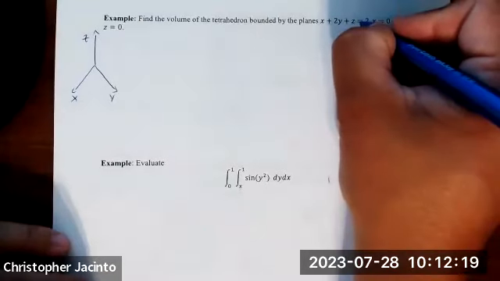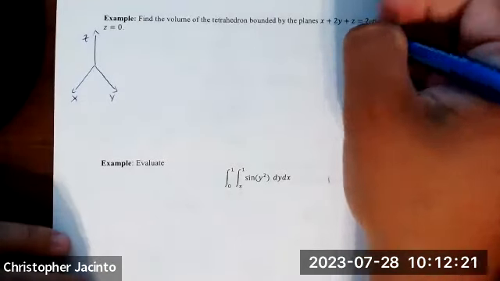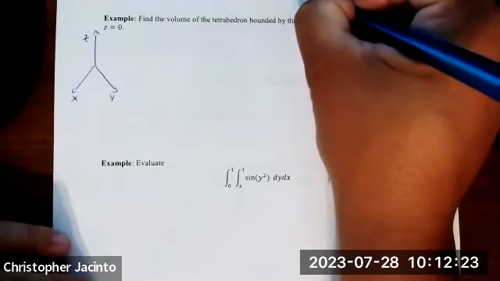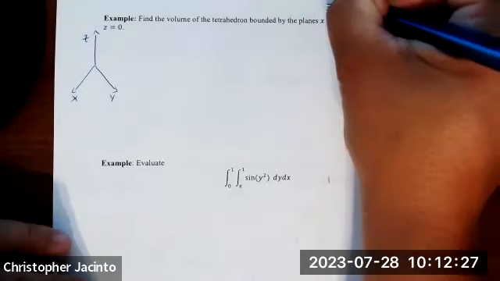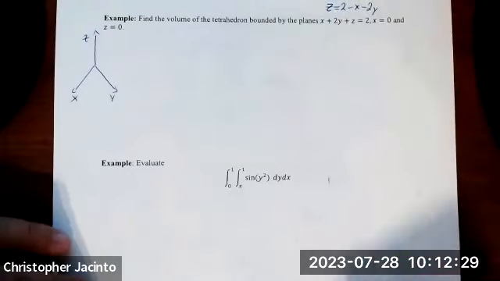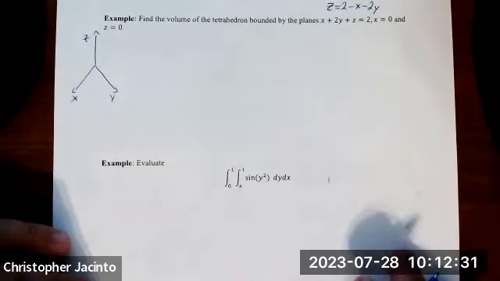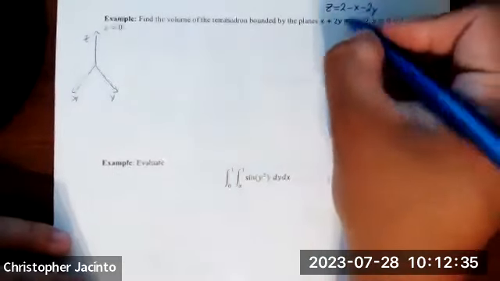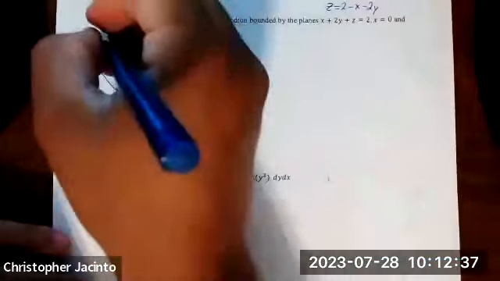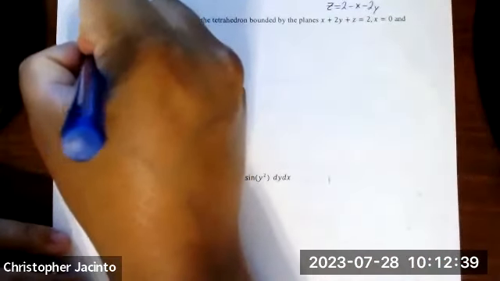So if I convert this to z, bring everything over. This is that. That's going to be our surface. If I set x and y equals 0, z equals 2, so it goes up to 2 this time.